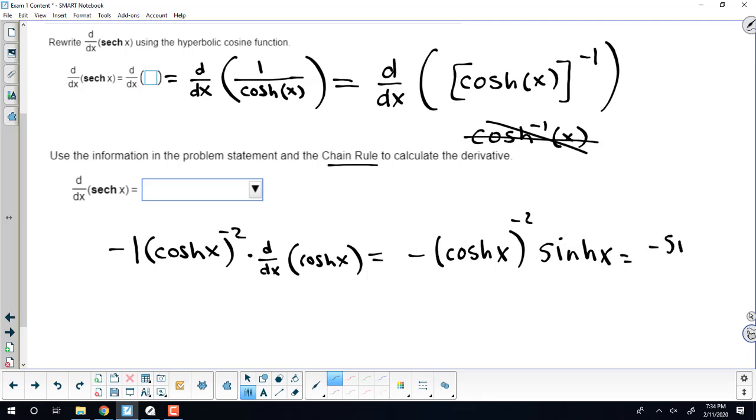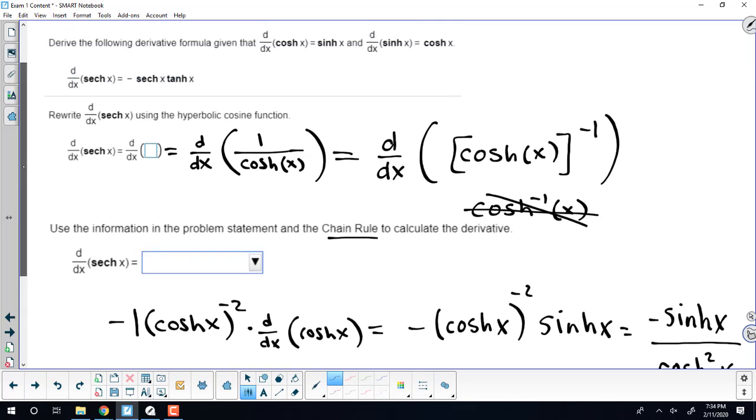So that's negative hyperbolic sine over hyperbolic cosine squared. And then I think that's all they wanted us to show.